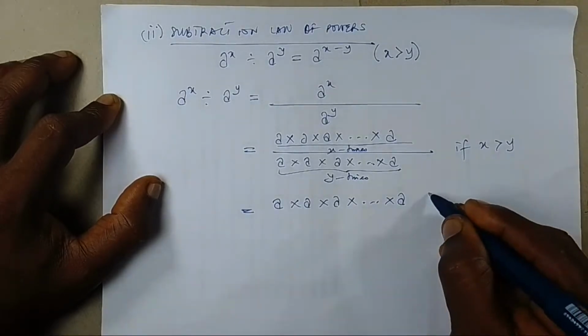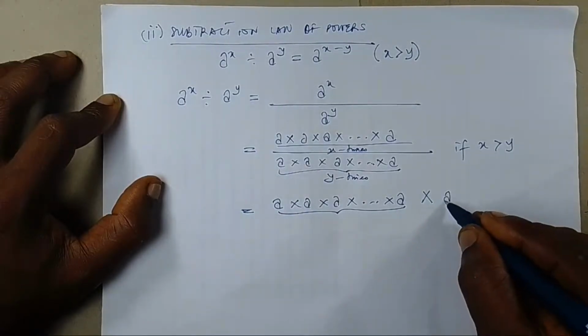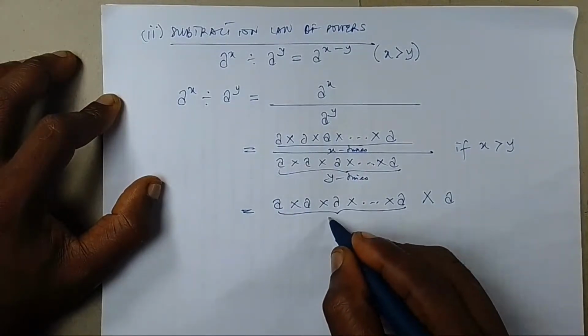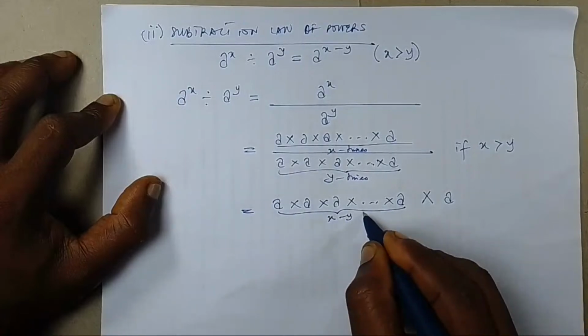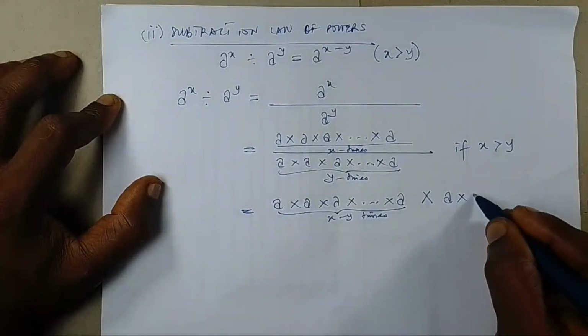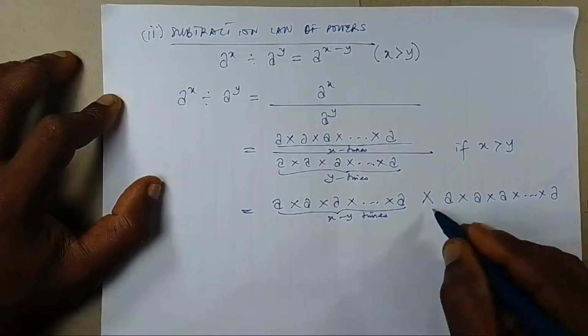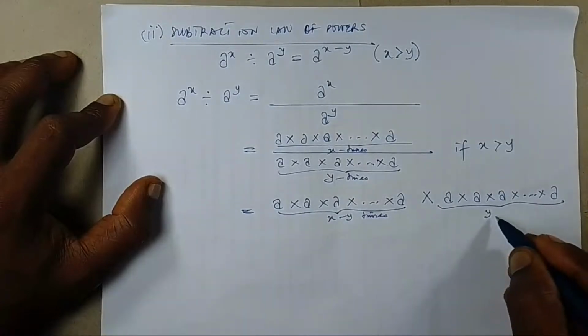So I can actually separate it such that I would have one group I call x minus y times. So if you separate it, you will have one group called x minus y times, and you have another group called y times. Now, why am I doing this for the numerator, guys?